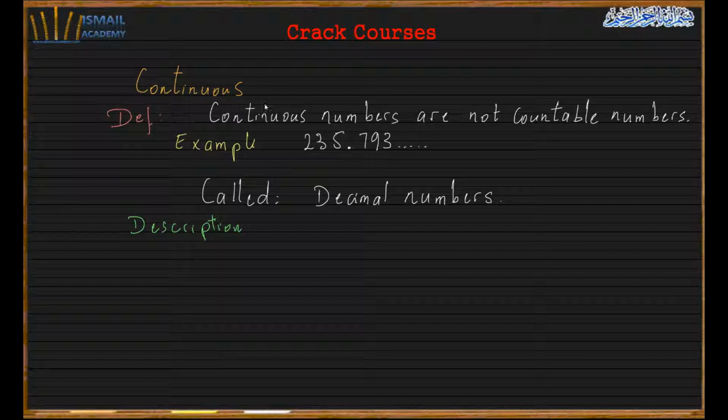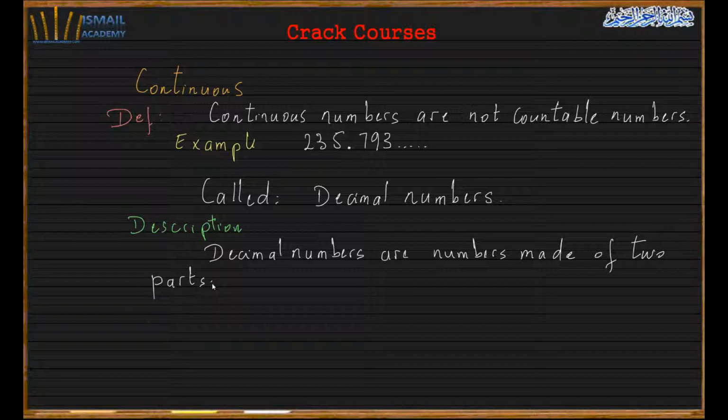So decimal numbers are numbers made of two parts: the integral part and the fractional part.